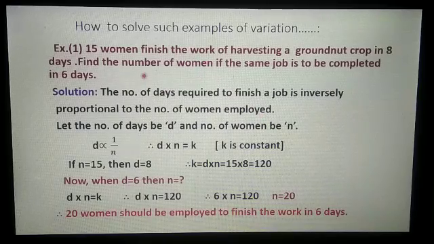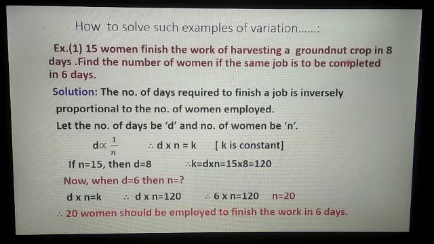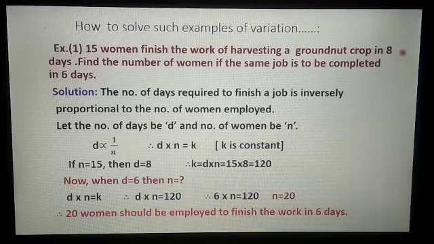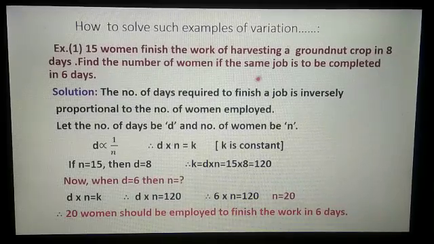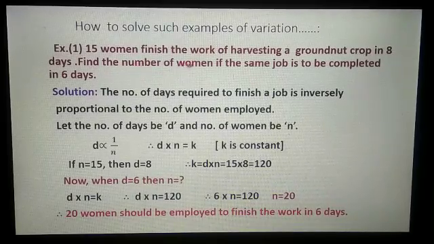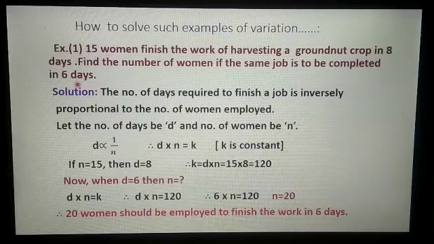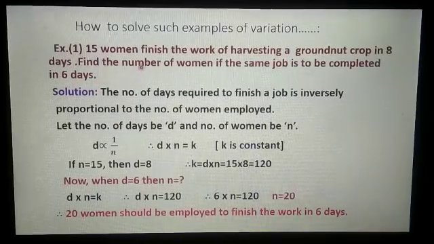Why is it inversely proportional? See here, the number of women is 15 and the time required to harvest is 8 days. Okay, and then what is asked? Find the number of women if the same job is to be completed in 6 days. See here, the number of days is less, and the number of women we have to find.